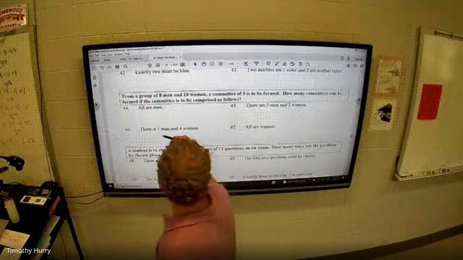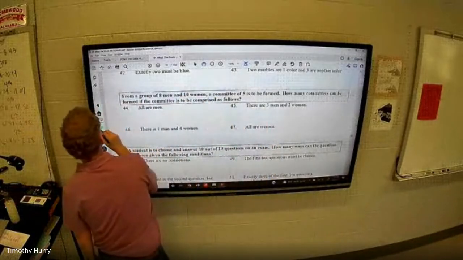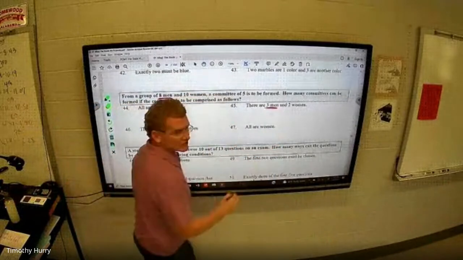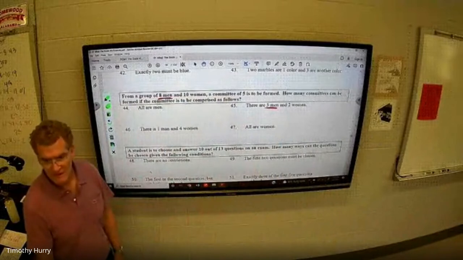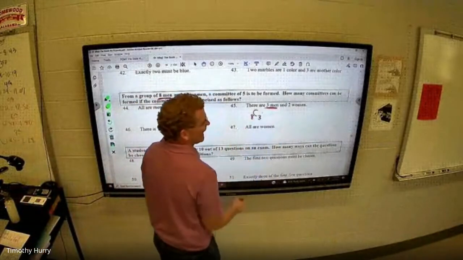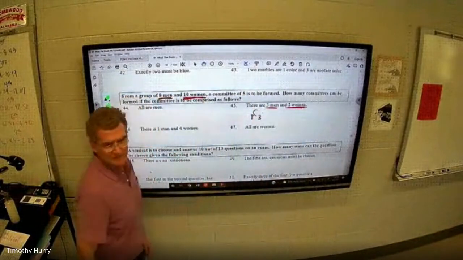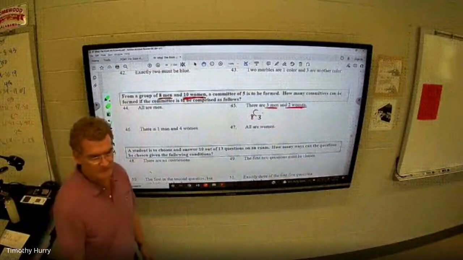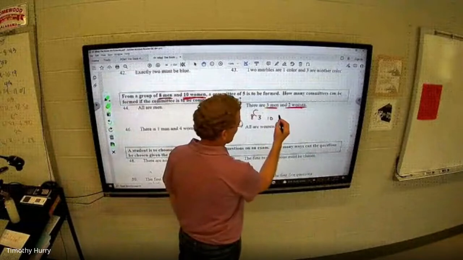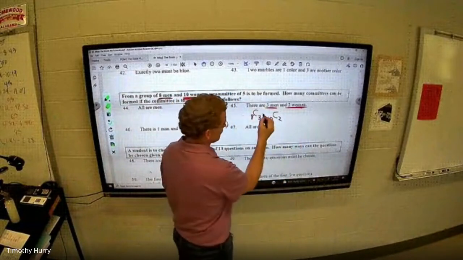So if I'm trying to get 3 of these from 8 of these, what do I need to do? 8C3, that's how many ways I could do that. How many ways can I get that from that? 10C2. And do I want to do this or this and this? And.